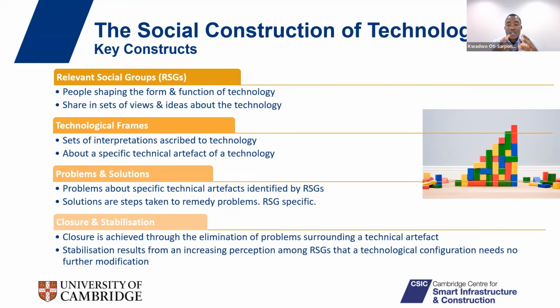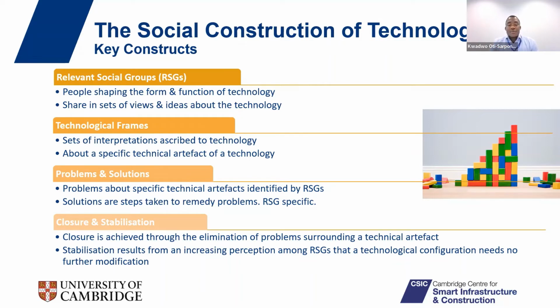The extent to which an actor's suggestions or recommendations may be taken into consideration varies, and there are a lot of factors underlying it. Solutions simply are the steps taken to remedy problems that are identified. However, it is useful to note that what may be a solution to one relevant social group might lead to the creation of a problem for another social group.